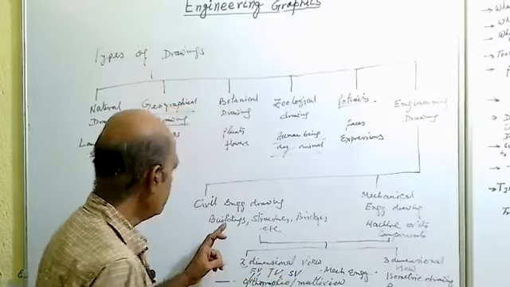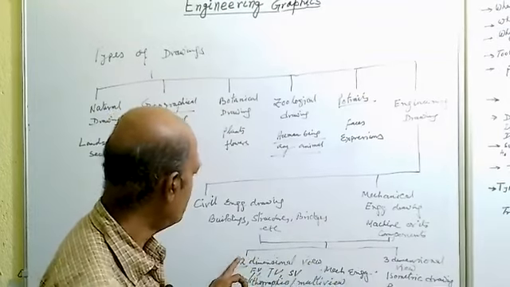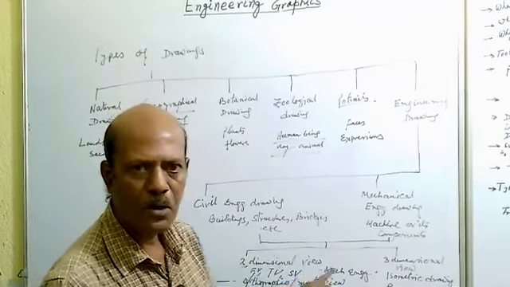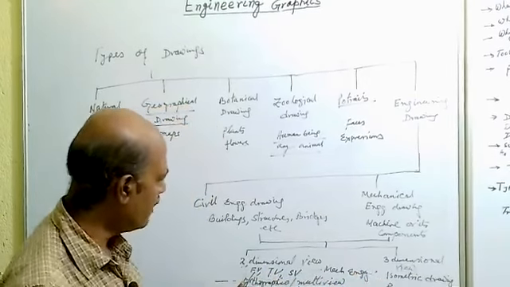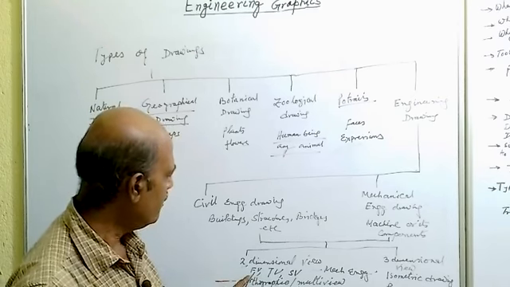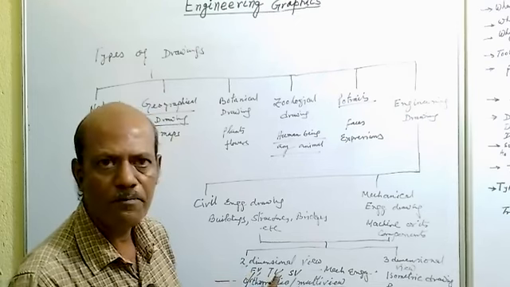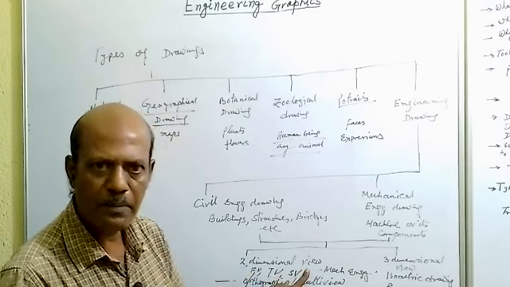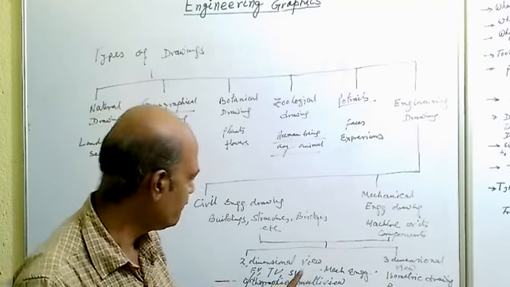Again, these two, civil engineering drawing and mechanical engineering drawing, can be drawn with the help of two-dimensional view or three-dimensional view. Two-dimensional drawing is known as orthographic or multi-view drawing, and in mechanical engineering these views are front view, top view and side view. Side view may again be left hand side view and right hand side view.